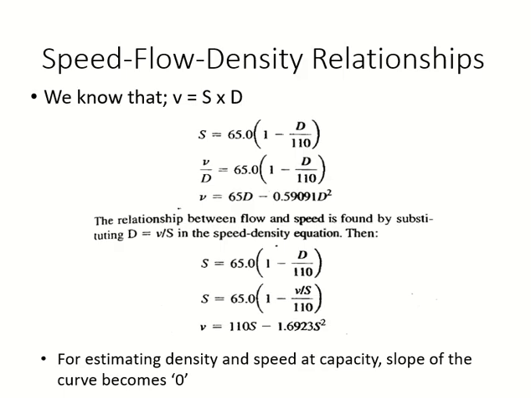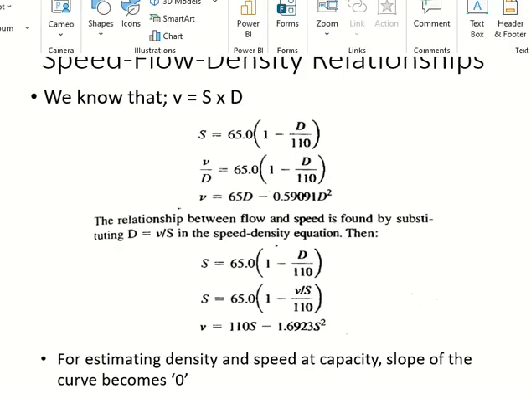Anyways, slope is a ratio, right? Slope is a ratio. So to make this equation into a ratio, I have to take the derivative. So if I take the derivative, dv upon dt.